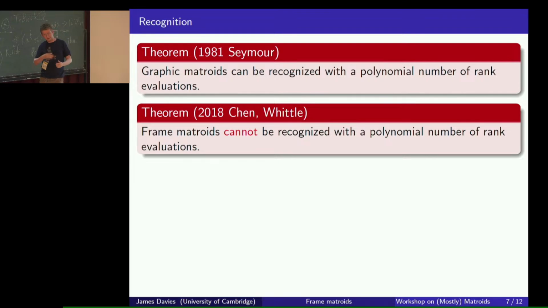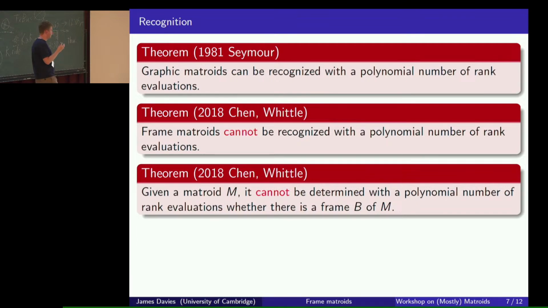There's no polynomial time algorithm for recognizing these. Let me rephrase this in terms of the original definition of frame matroids I gave. Given a matroid, we cannot determine in a polynomial number of rank evaluations whether it has a frame. Again, having a frame is the same as being a frame matroid.